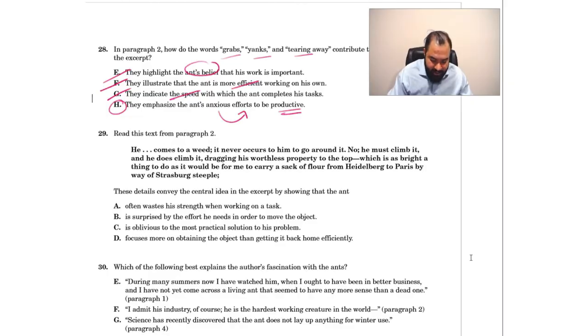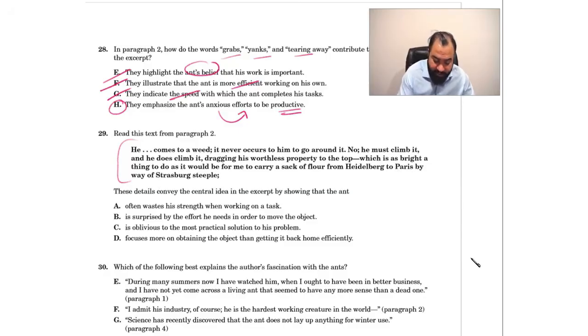Read the text. He comes to a weed. It never occurs to him to go around. No, he must climb it. It's like how he's making the job so hard. It's not using his brain. These details are for what? Often waste his strength. Okay, these details convey the central idea in the excerpt by showing that the ant often wastes his strength when working on a task.